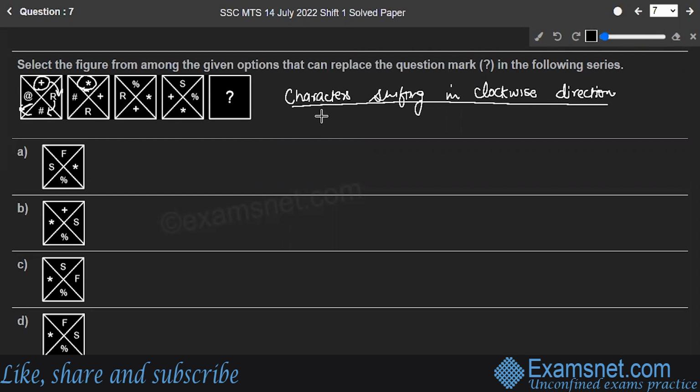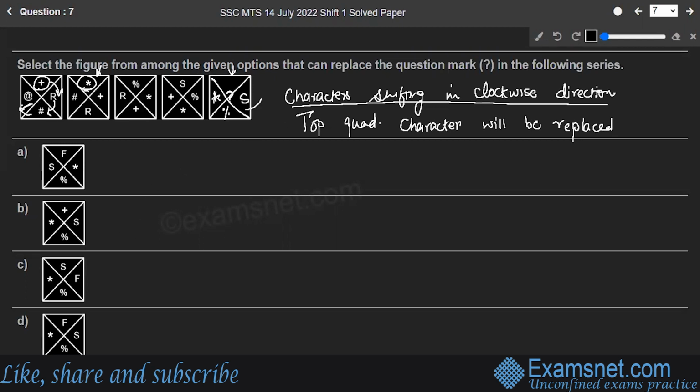Only the one in the top quadrant will be replaced. So that means the next one that we will have over here: this S will come at this place, percent will come at this place, asterisk will come at this place, and the plus has to move over here, but now it will change to some other shape.